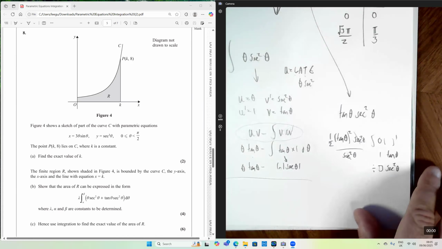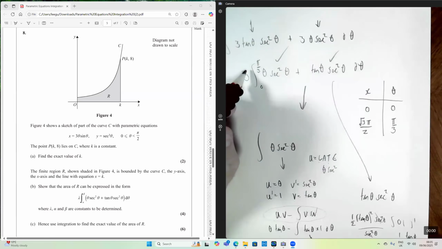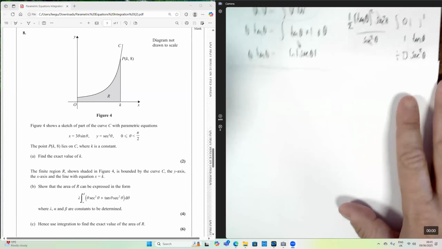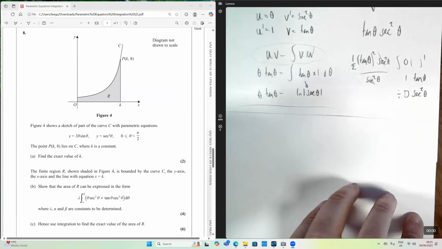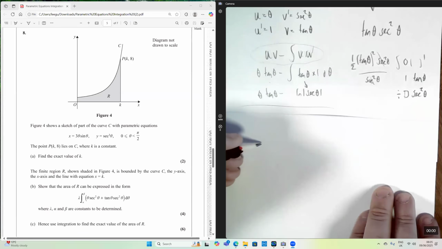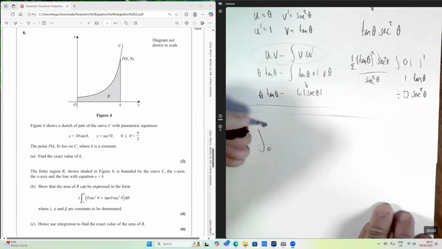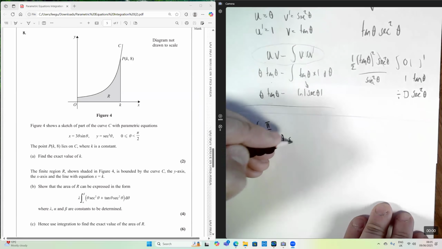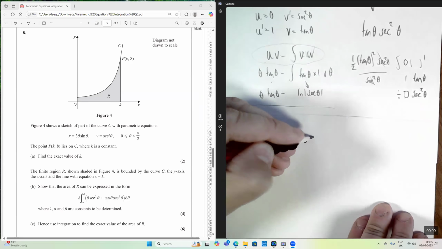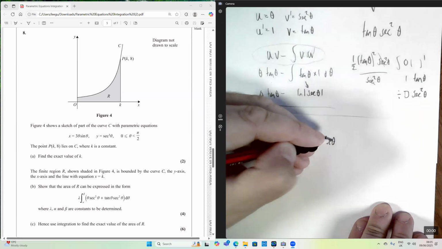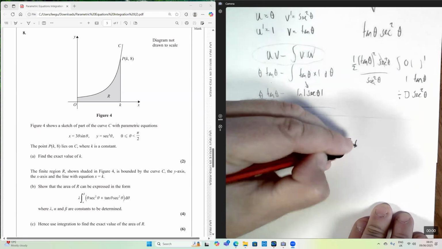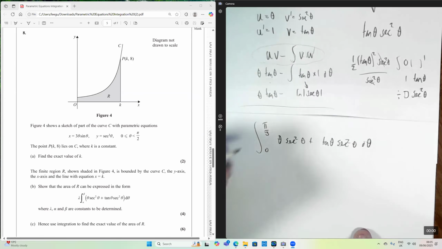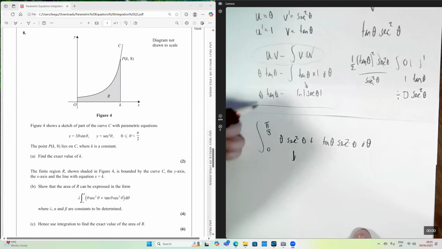Okay, so let's bring those results together now, because don't forget we've got a 3 in front of this whole thing. So our integral, let's write the whole thing we had before, between 0 and pi over 3 of theta sec squared theta add tan theta sec squared theta d theta. We've just said that our theta sec squared theta goes to this result here.